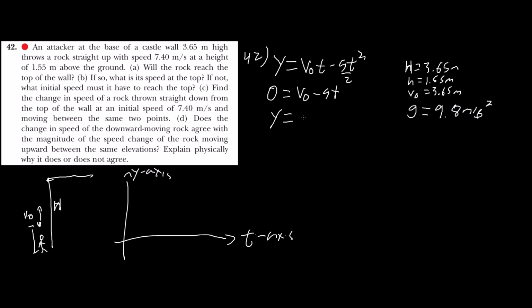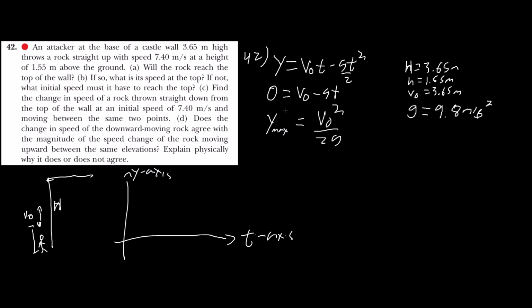The equation I set up for you guys for the max height is going to be nothing more than the one with g t squared over 2. Once you solve for v naught and plug it in, you have your new equation as y max being v naught squared over 2g.